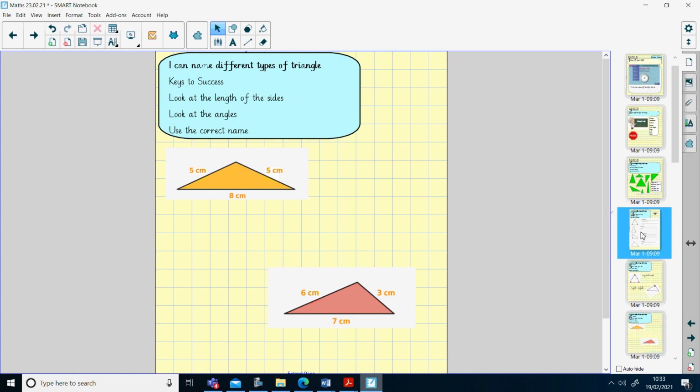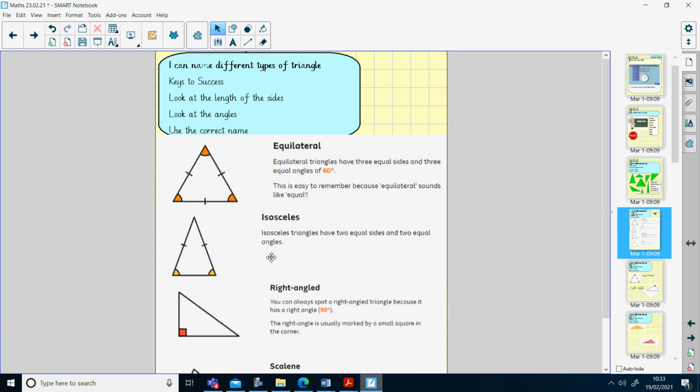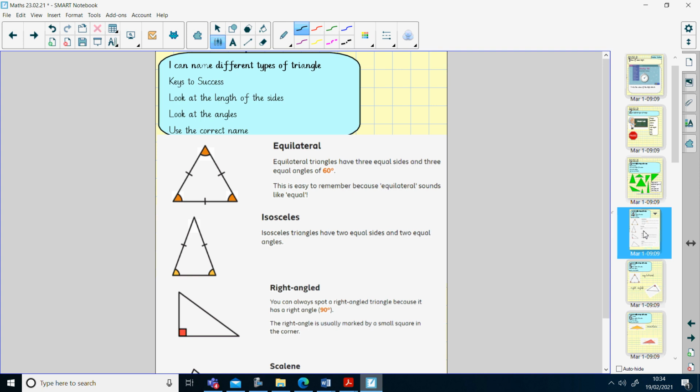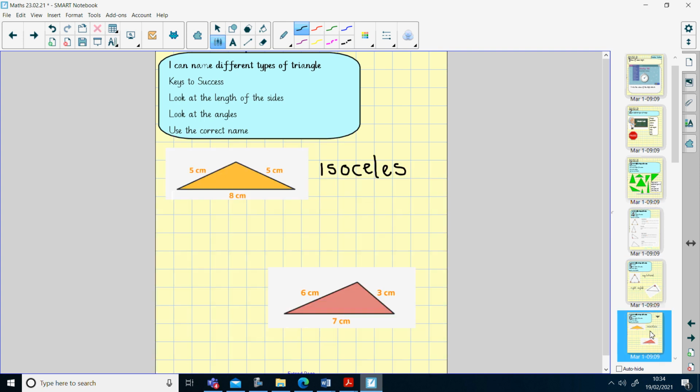If I go back to my definitions, the isosceles triangle has two equal sides and two equal angles. So I can label this as my isosceles triangle. And again, I'm just going to check my spelling of isosceles. And I think I'm okay.